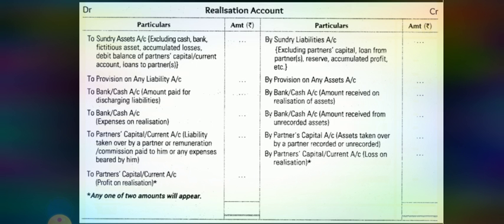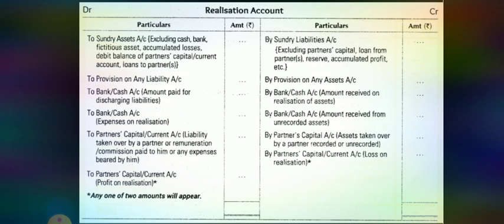Credit side written is by sundry liabilities account. So here at the credit side in the realization account, we will transfer all the liabilities from the previous balance sheet, excluding partners' capital accounts, loan from partners, reserves, accumulated profits, etc. Similarly, debit side, to provision on any liabilities account.